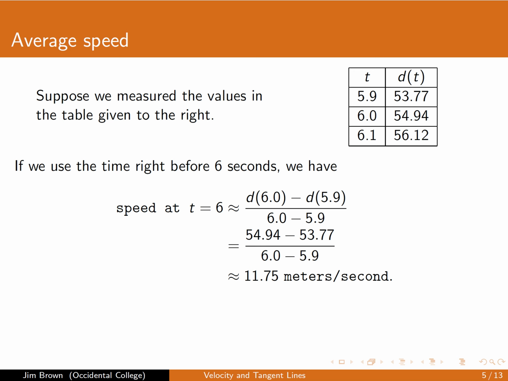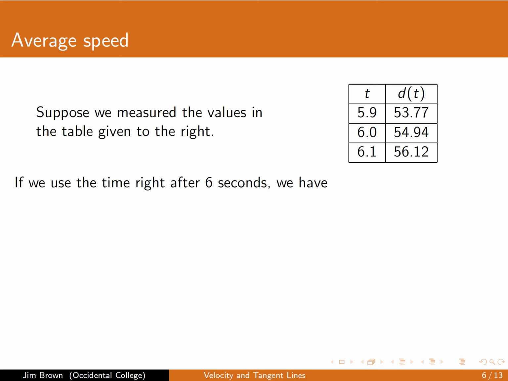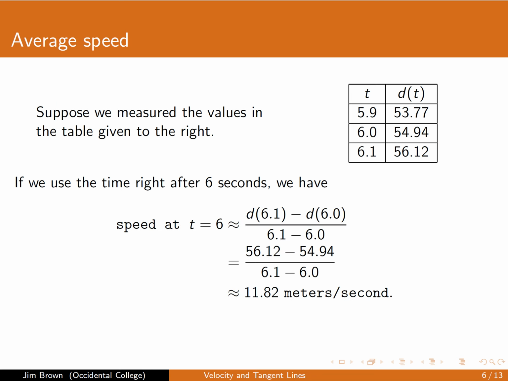So that gave us an estimate using the time right before 6 and 6. We can also use 6 and the time right after 6. We can also use the time before and the time after. For now, we'll just go ahead and use 6 and 6.1 to get another estimate. Doing the same process with 6.1 and 6, we get approximately 11.82 meters per second.